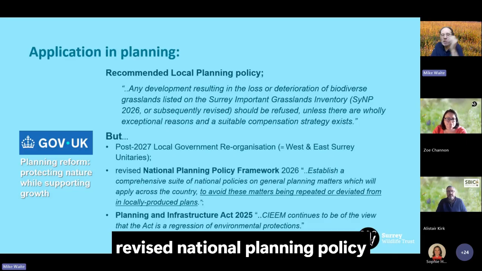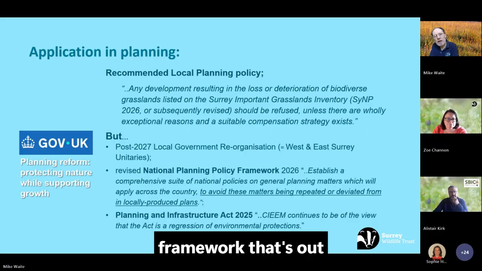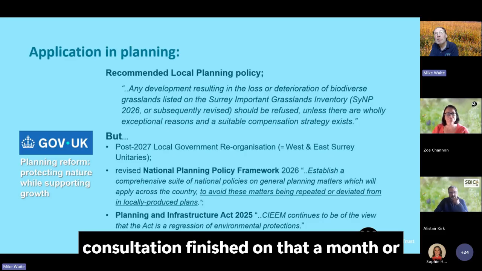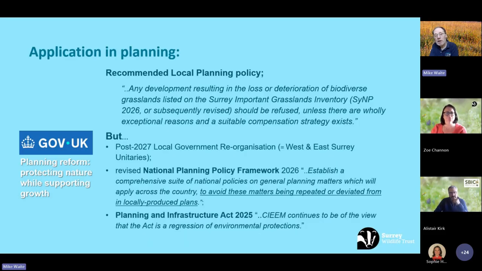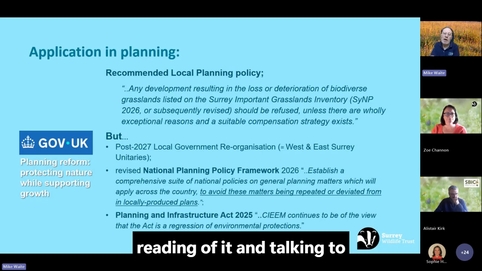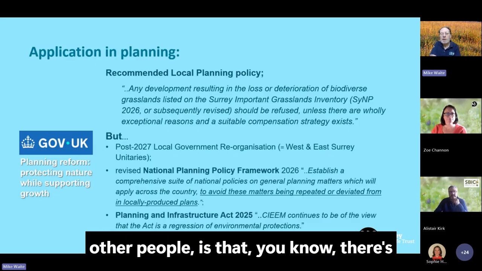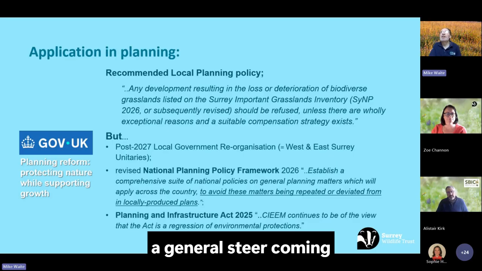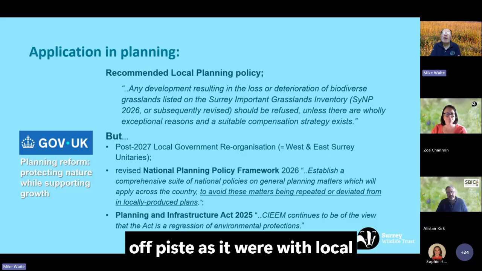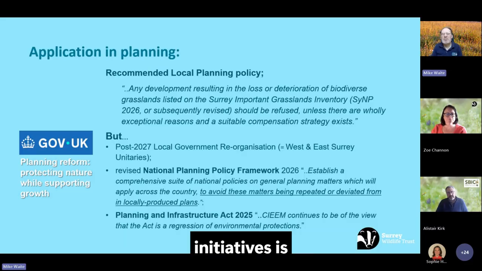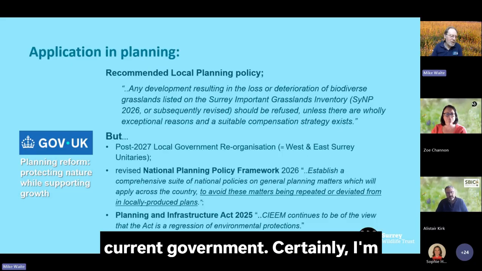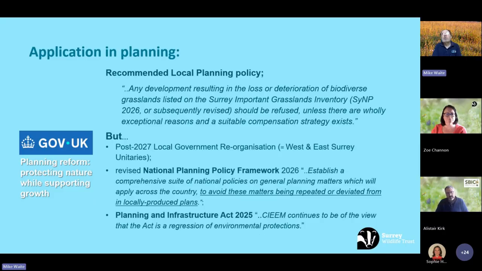We've got the revised National Planning Policy Framework that's out to the jury at the moment. The consultation finished on that a month or so ago, and one of the key messages from that, certainly from my reading of it and talking to other people, is that there's a general steer that going off piste, as it were, with local initiatives is not desirable from the current government.